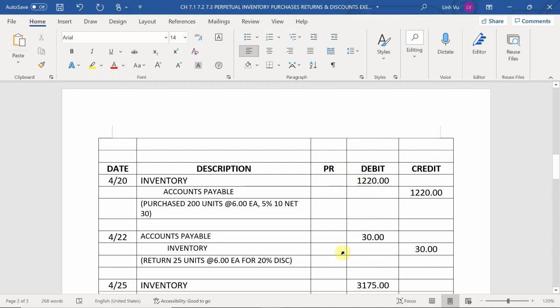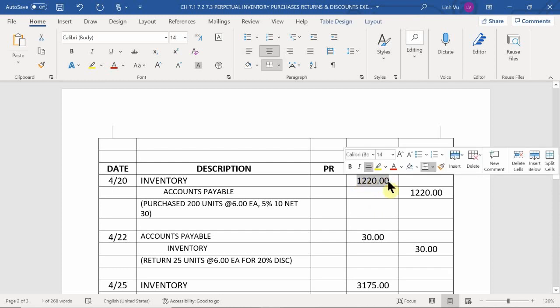How much do I owe to this vendor? $1,190, because we purchased it originally on the 20th for $1,220, but we ended up getting a discount of $30.